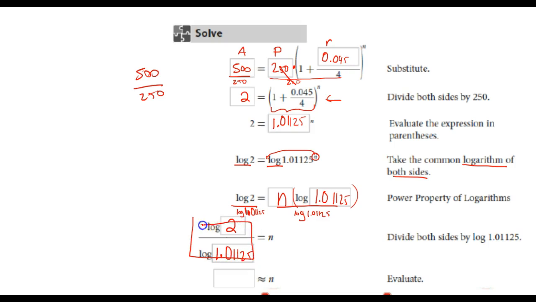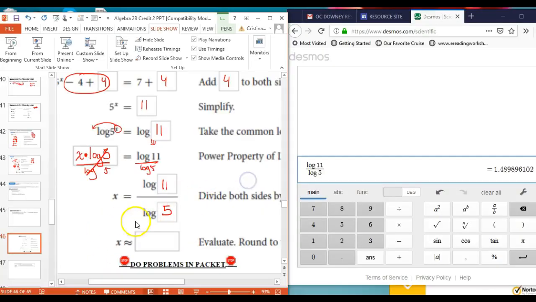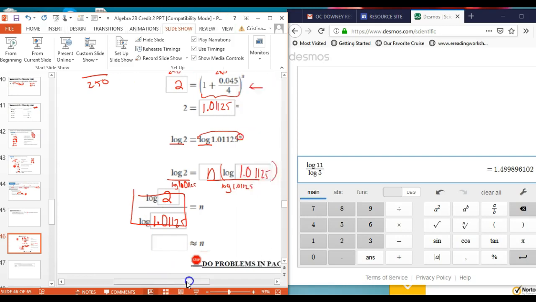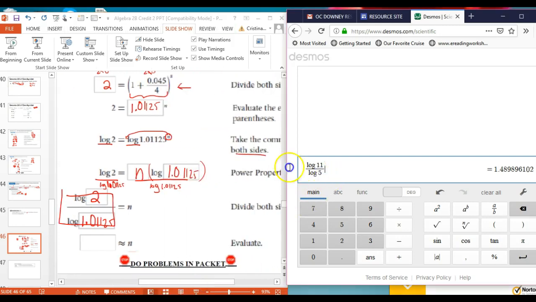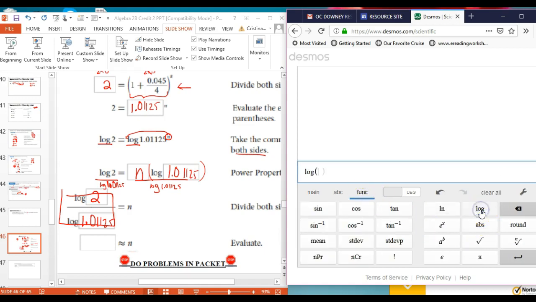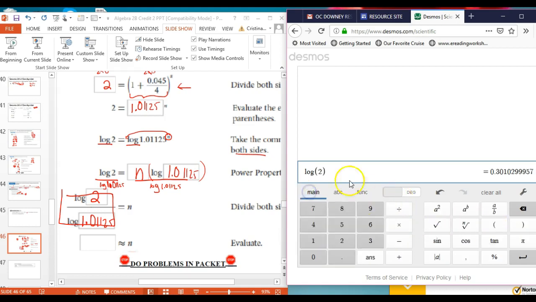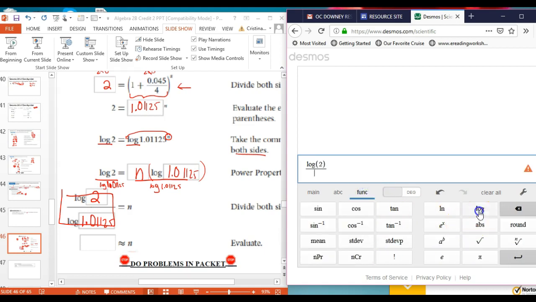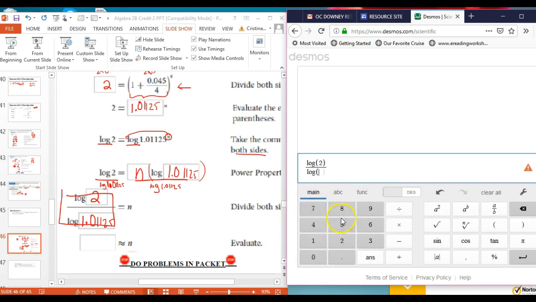Now go ahead on your Desmos calculator, and let's show you how to do that, just in case you forgot. So again, function log 2, close the parentheses, divided by, so I'm going to go back to the main one and press divided by, log 1.01125.